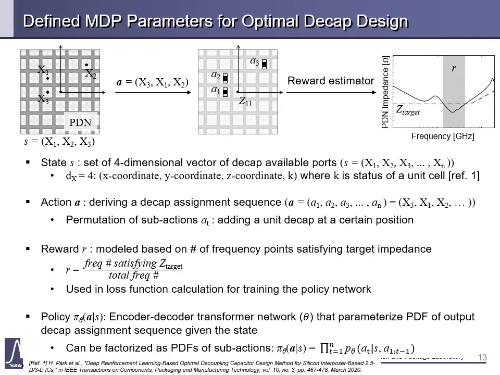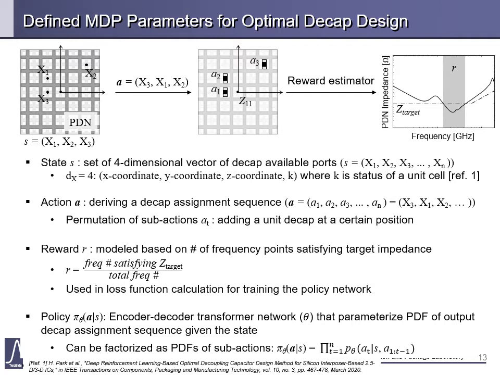Here are the details on the defined MDP parameters. First of all, state S is defined as a set of four-dimensional vectors of decap available ports, which is configured of X, Y, Z coordinates and the status of the unit cell. Action A is a driving decap assignment sequence represented in a vector. The action A can be expressed as a permutation of sub-actions AT, which are defined as adding a unit decap at a certain position.